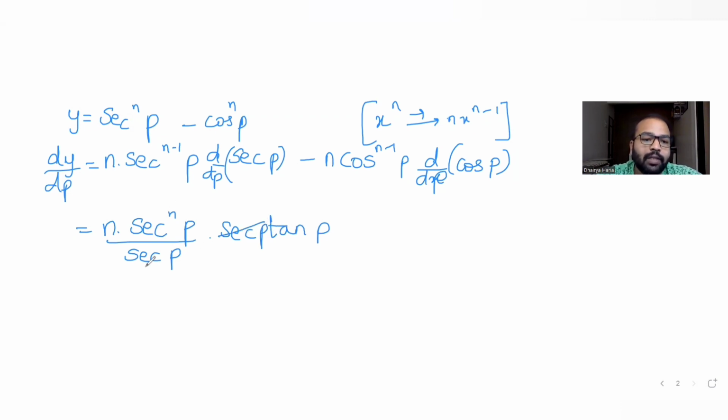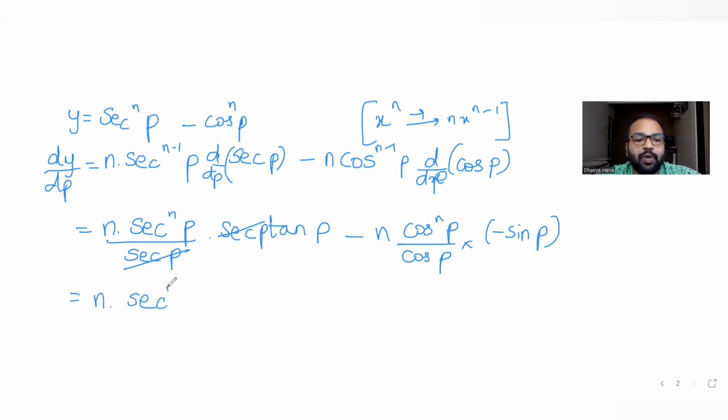So I can cancel this sec with this sec. Minus n, again, I can write cos raised to n p upon cos p. Derivative of cos p, if you see, is minus sin p.